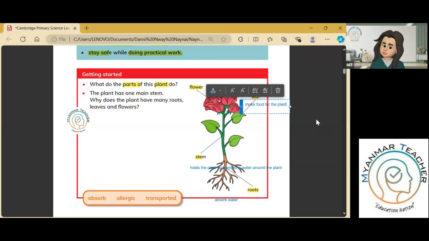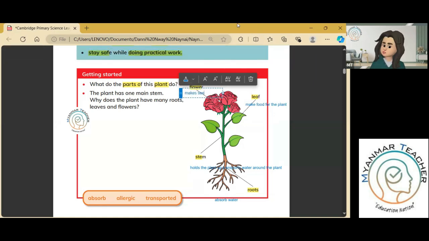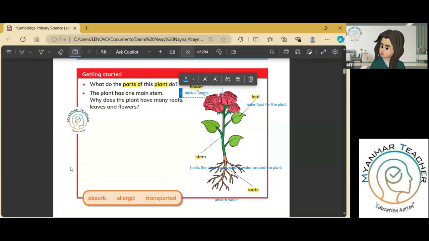They get their sunlight through their leaves because their leaves are facing up, and then they get water from the bottom, from the roots, and then they release oxygen all around. And the flower makes seeds, or reproduces, which is very important. Our keywords are absorb, transported.